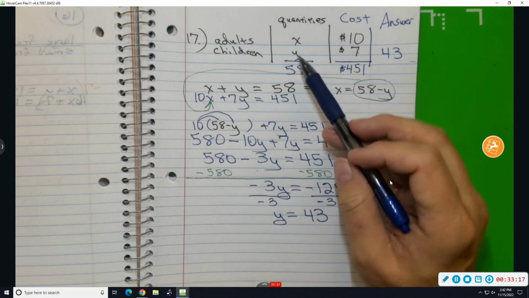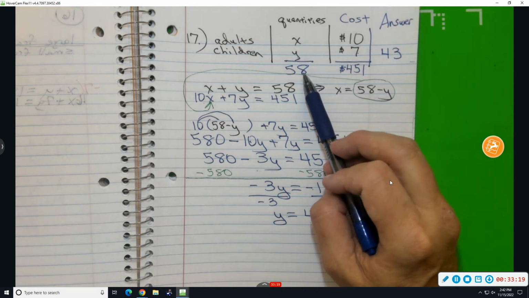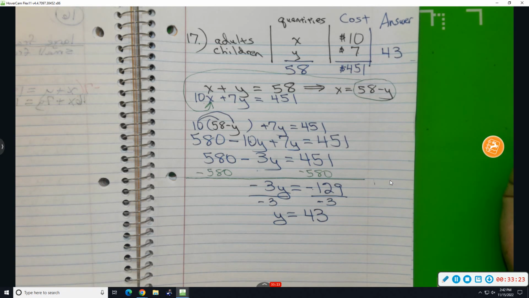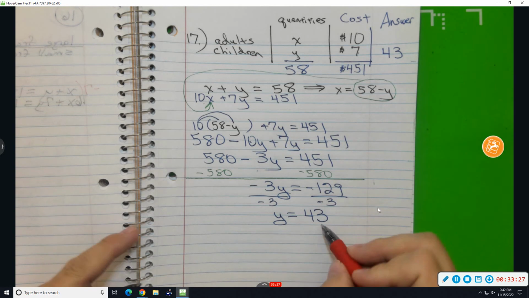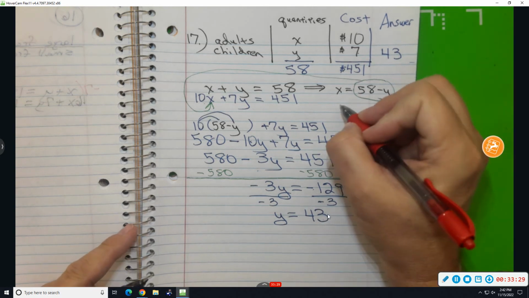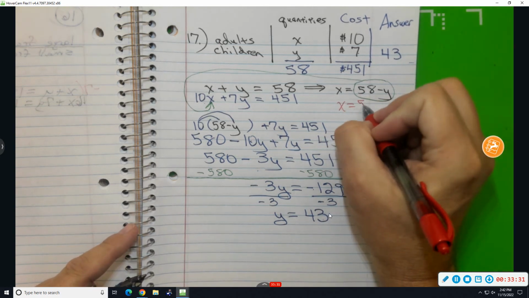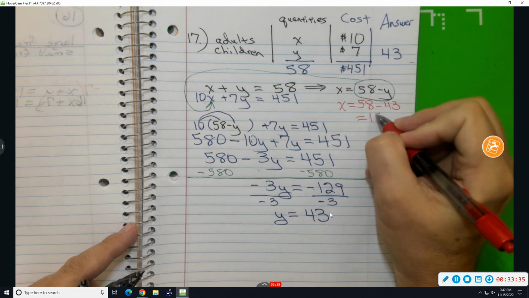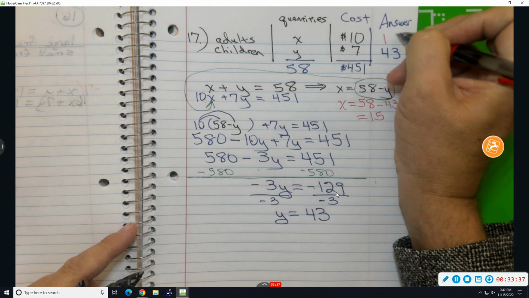And remember, there had to be a total of 58 tickets sold. So how many adults were sold? 15. Right here, we can take that 43. X equals 58 minus 43. Sure enough, that's 15 adult tickets.